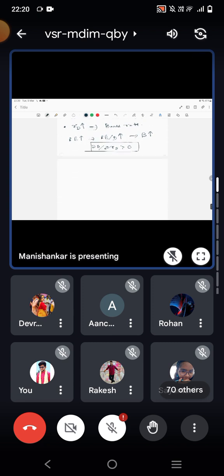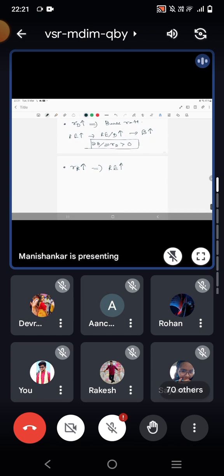Okay. The next one, required reserve rises. So very simple. If required reserve rises, your total reserve rises. It is required reserve rate, not R. It is R by D. Basically, that is actually CRR in simple language.